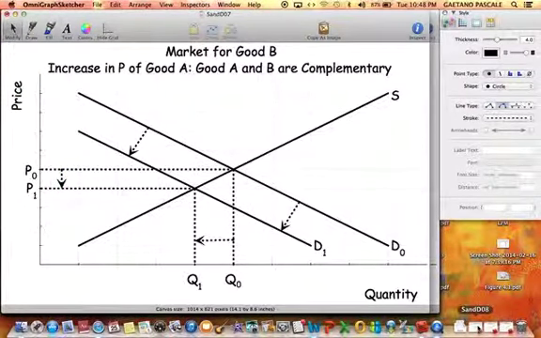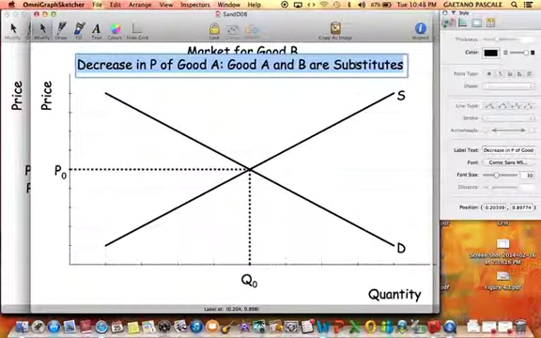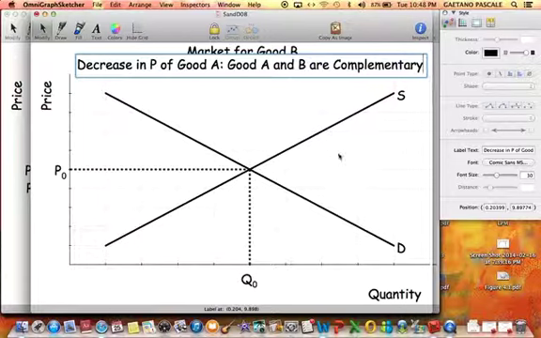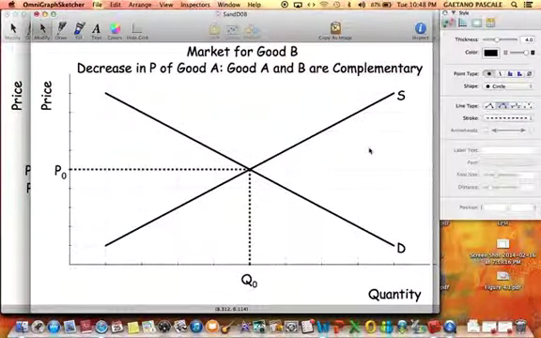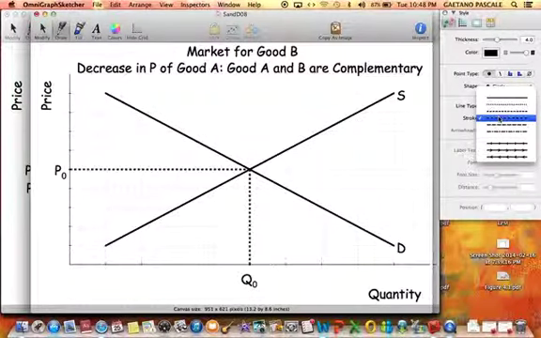Let's move on to the next example. And once again, let me make that editorial change that these are complementary goods. That means, again, that they are being used together. They have a tendency to be used together.